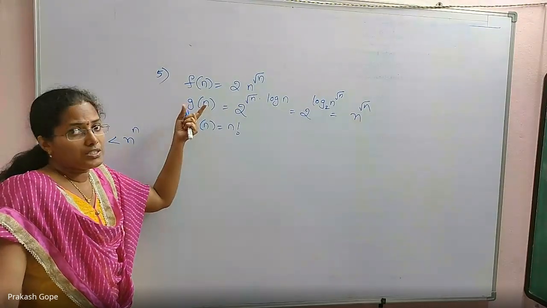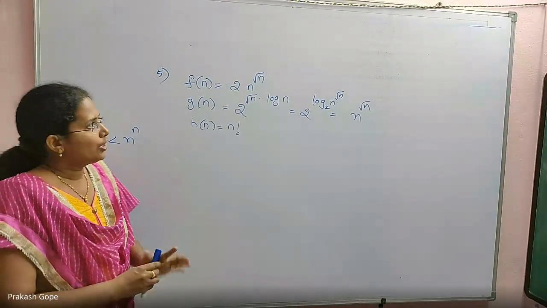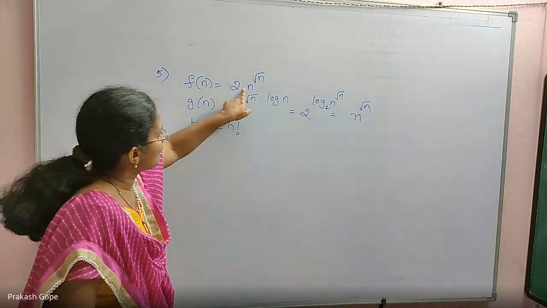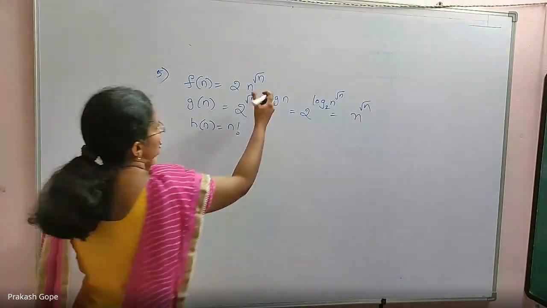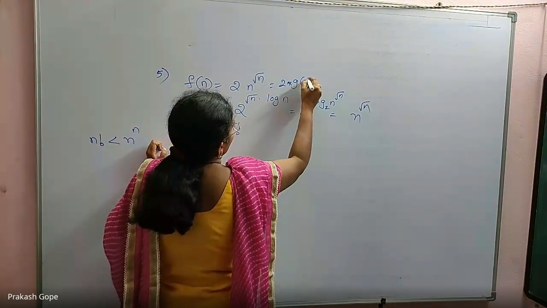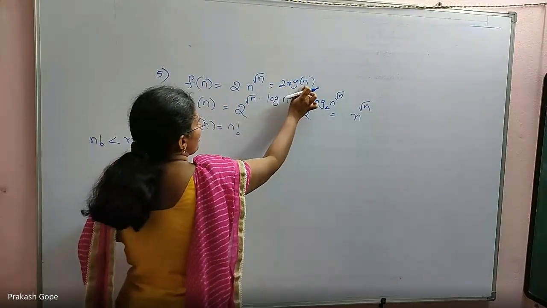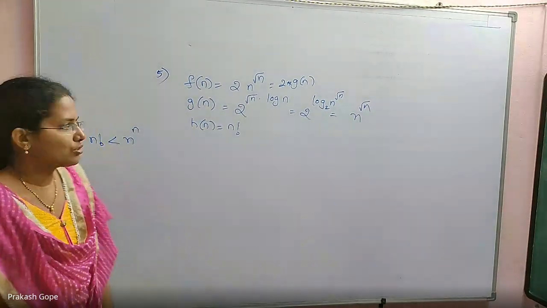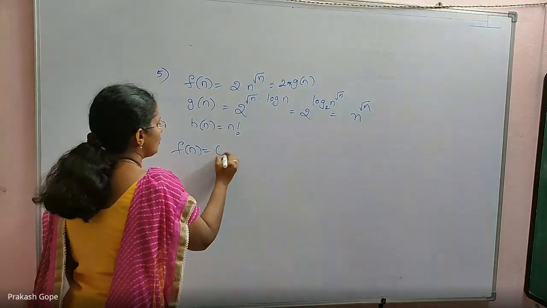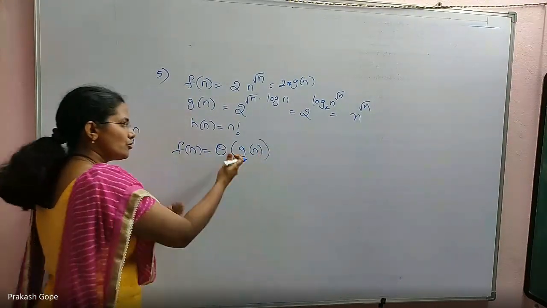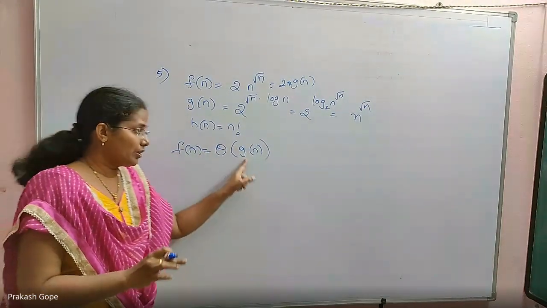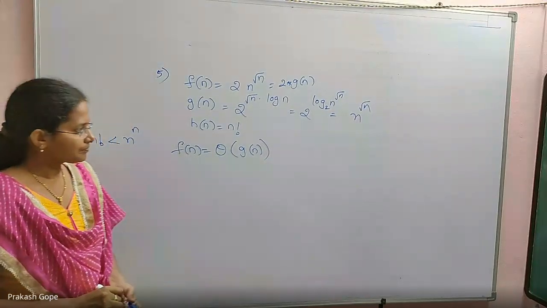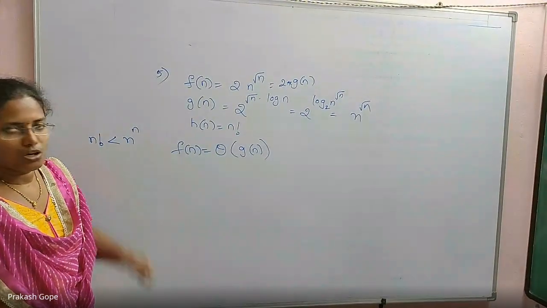As I told you, if there are two functions such that one is a constant multiple of the other, so f of n is like 2 into g of n only, then big O, big omega, theta, all are true between them. So f of n is equal to theta of g of n, and g of n is equal to theta of f of n, which means from both ways, big O is true, omega is true, because they are constant multiples of each other.